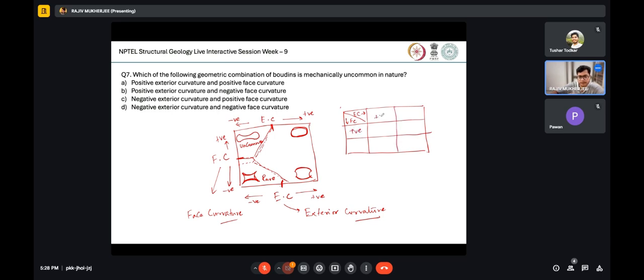Positive, positive, negative, negative. So positive phase curvature and positive exterior curvature is common Boudin.